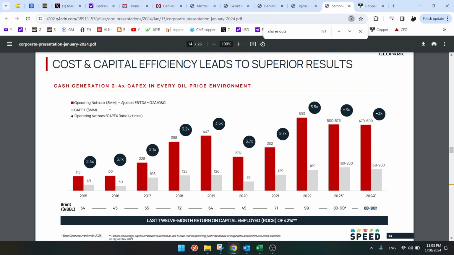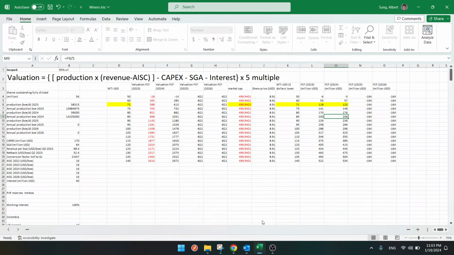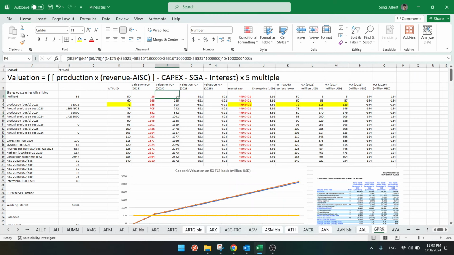Okay, this is cash flow, but probably before tax. After tax, it's going to be lower. Yeah, that's probably it. This is before tax. And I have calculated it after tax.